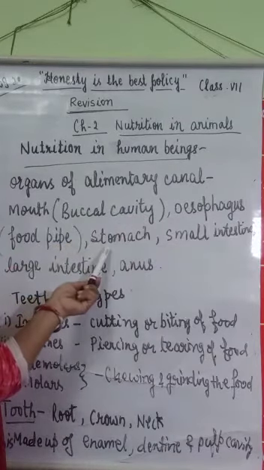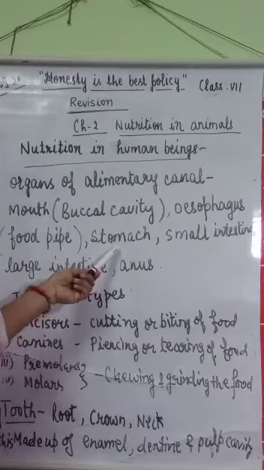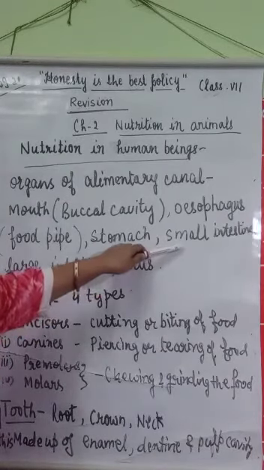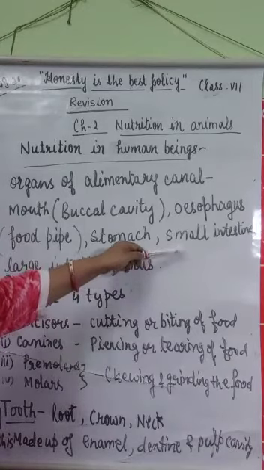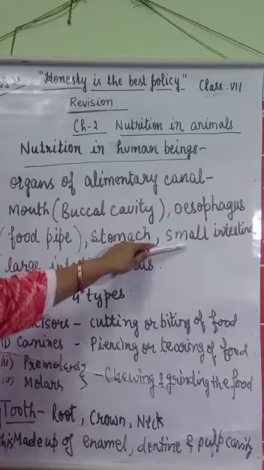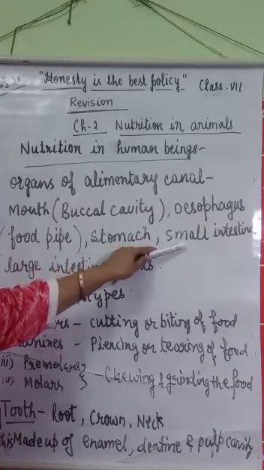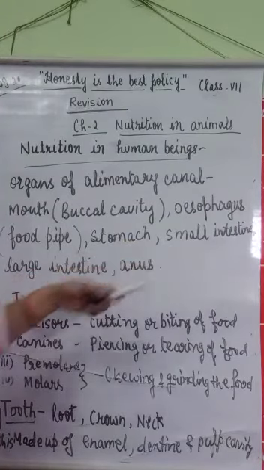In the stomach, the inner wall produces hydrochloric acid, HCl, and gastric juices which help in the digestion of food. Small intestine also secretes intestinal juice. It also receives bile juice and pancreatic juice from liver and pancreas. Liver secretes bile juice and pancreas secretes pancreatic juice, which help in the digestion of fats and proteins.